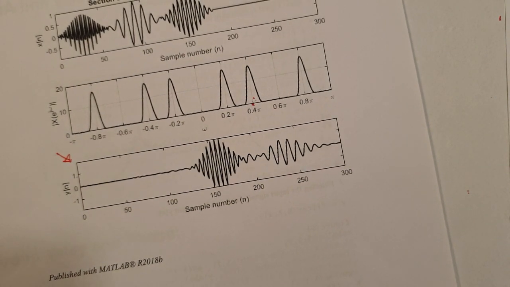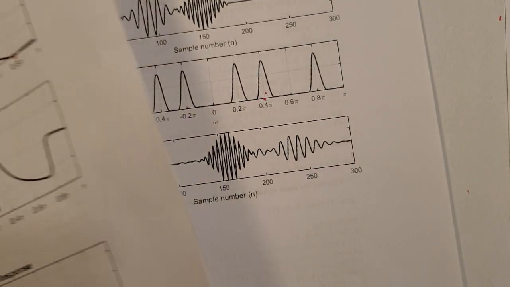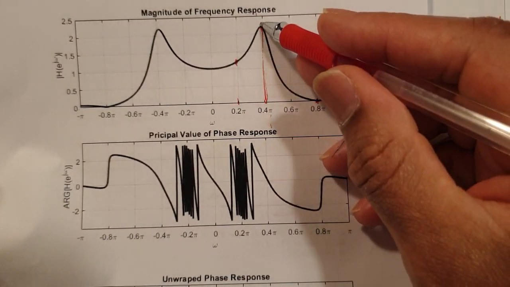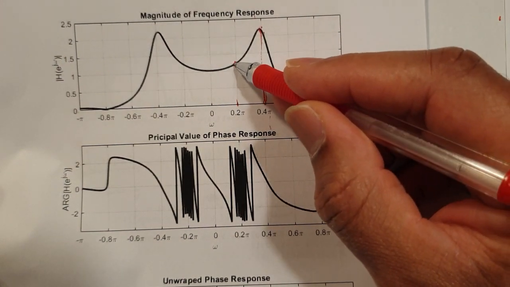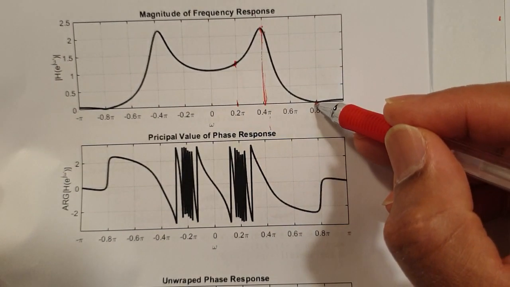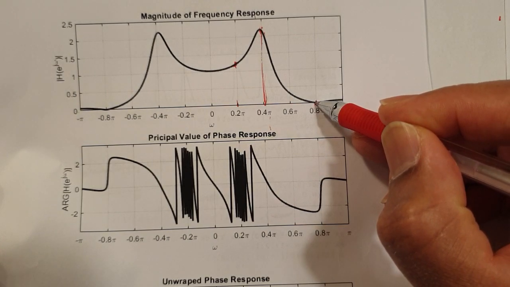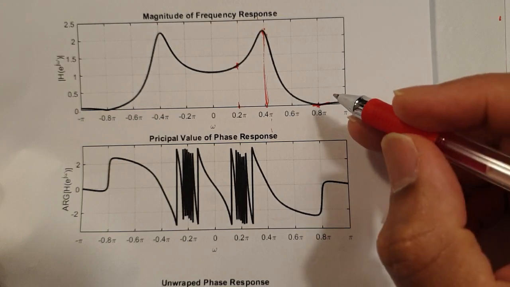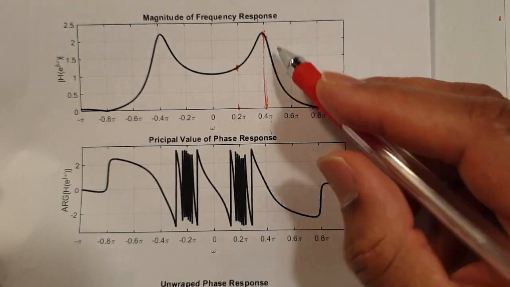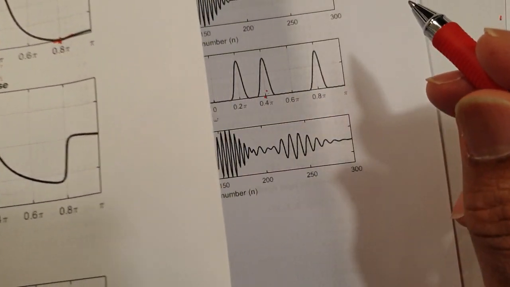So here we pay attention to two things. First, analyze the gain: who is being amplified, who is being kept more or less the same, and who is being cut out by zeros, for example, or amplified by poles.